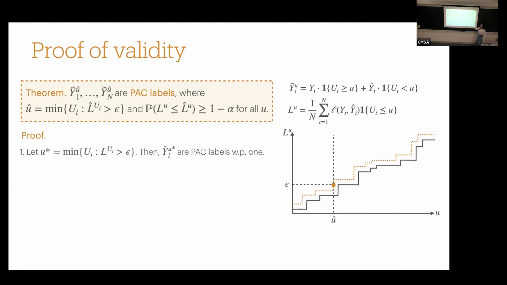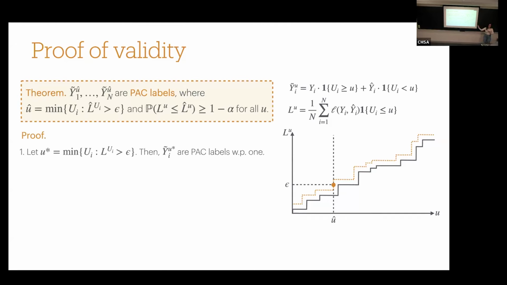Step number 1, we define u star to be the smallest u where our real loss exceeds epsilon. Then, if I have this u star, my labels will be PAC labels with probability 1, just by definition. That's the first point where the loss crosses epsilon.